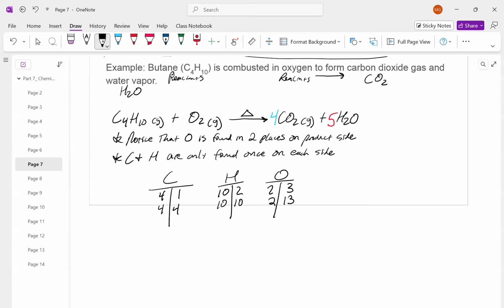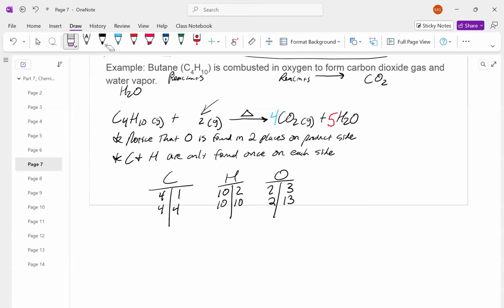Okay. Now that we've taken care of everything else, we can take care of the oxygen, and I'm going to focus on balancing that. Now you might be looking at this and say, how do I balance that? If I put 13 there, that's going to give me 26 oxygens.